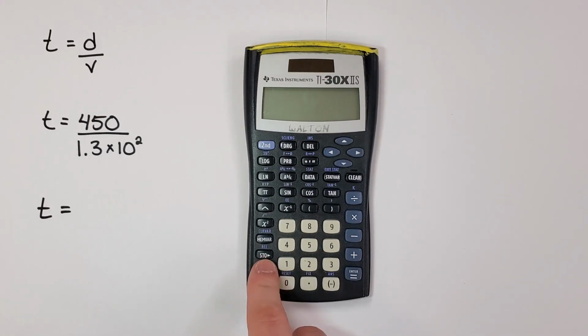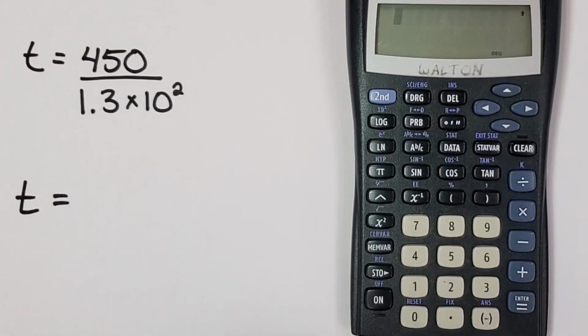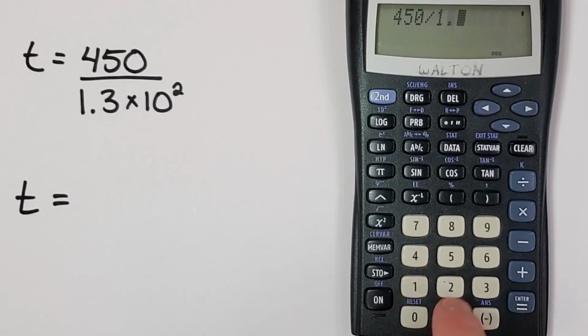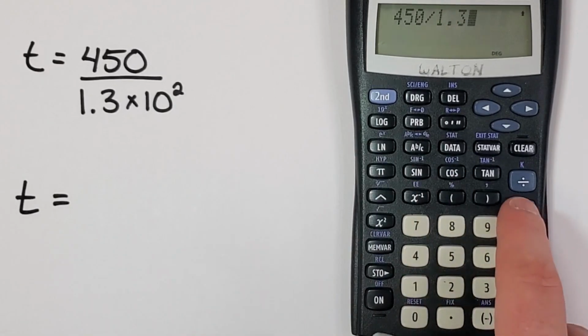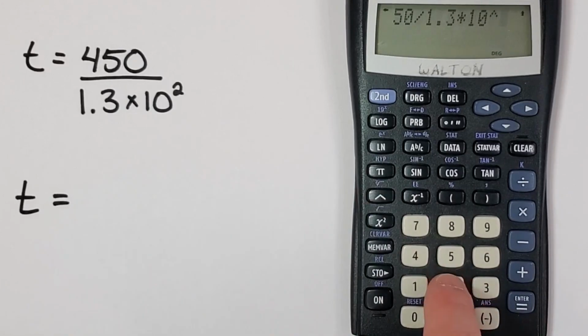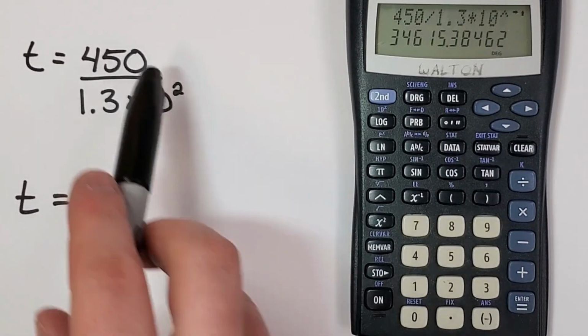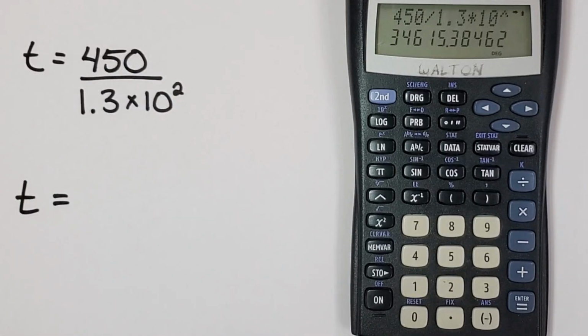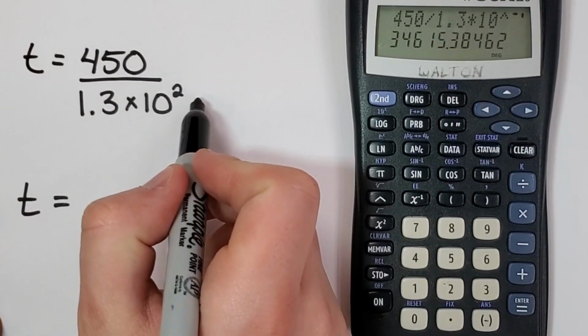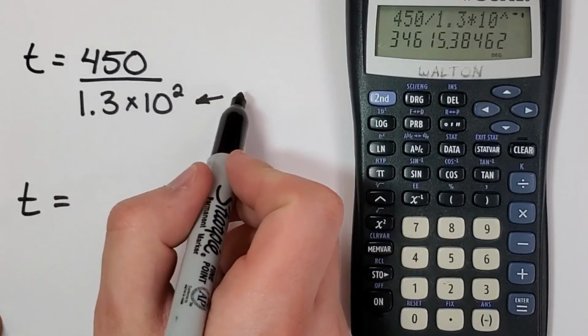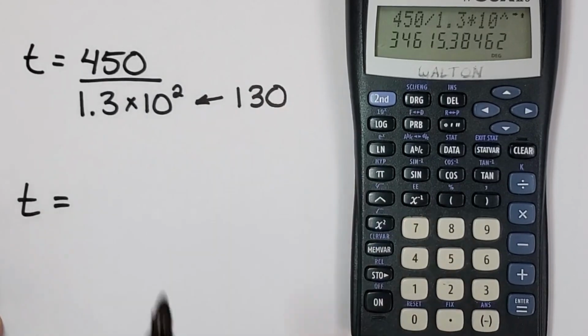Now, whenever you put a number into your calculator that has scientific notation, we don't want you, for example, to put in the number like this, 450 divided by 1.3 times 10 to the power 2. The reason is that you're going to get the wrong answer. That 1.3 times 10 to the positive 2 is really just 130.